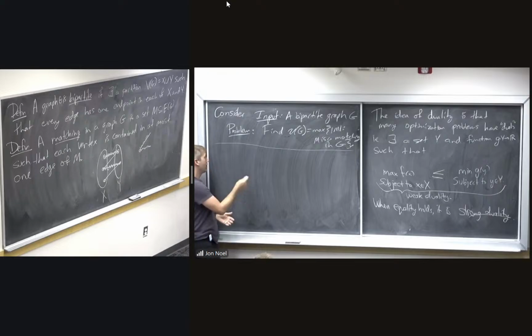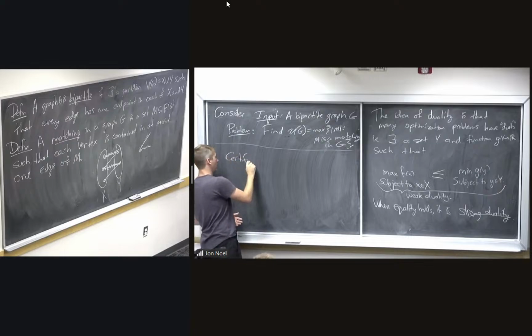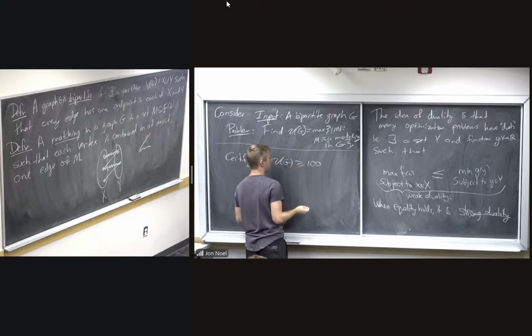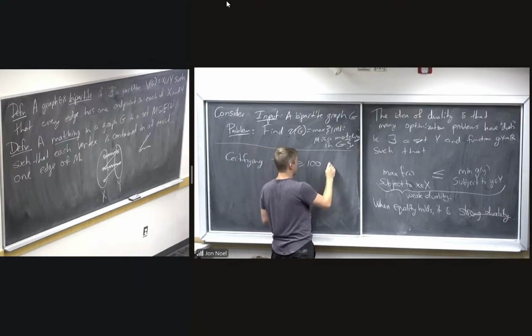So certifying that nu of G is at least some number, like 100, is fairly easy, right, if you know how to find the matching?